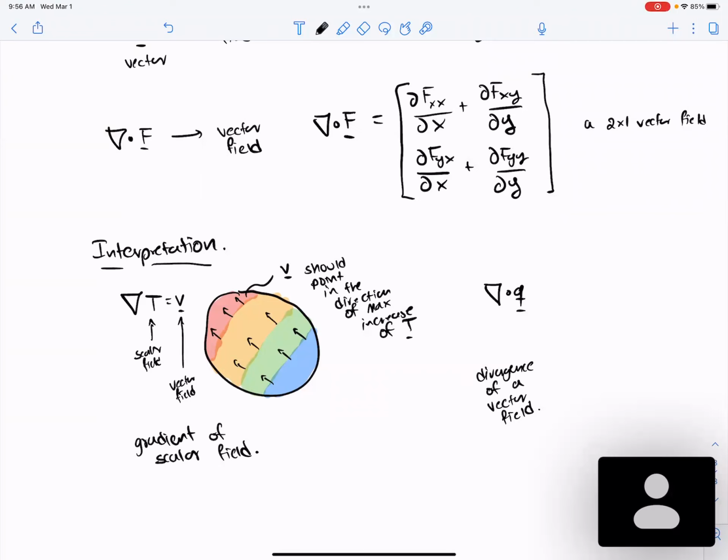It takes a vector and gives you a scalar, which I'm going to name S. And for that, I'm just going to draw a little box here.